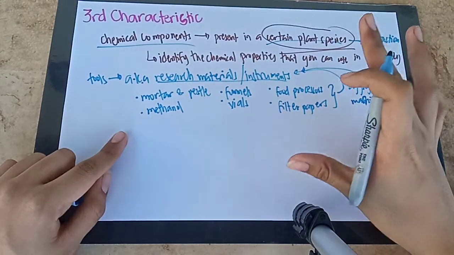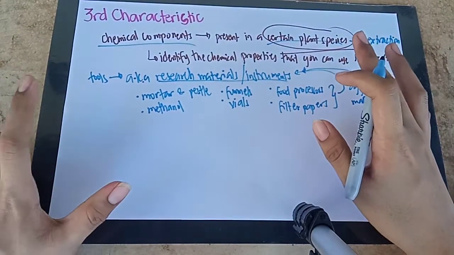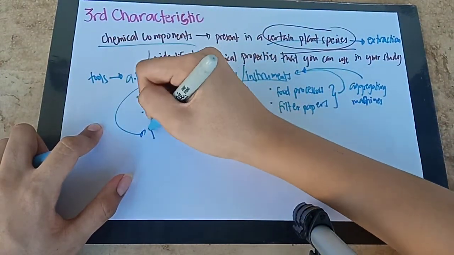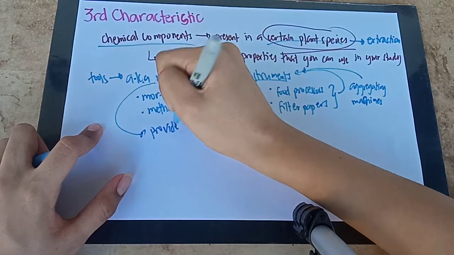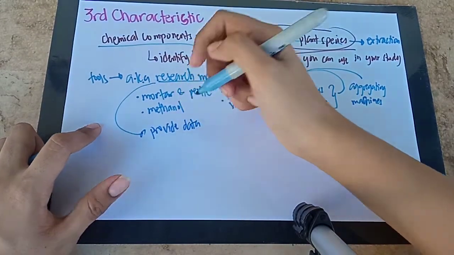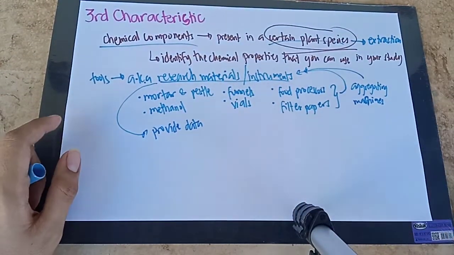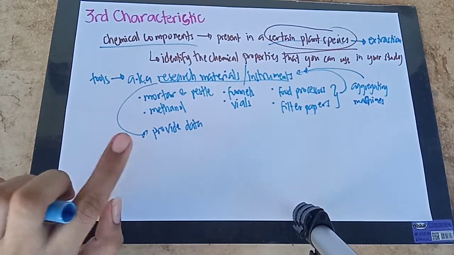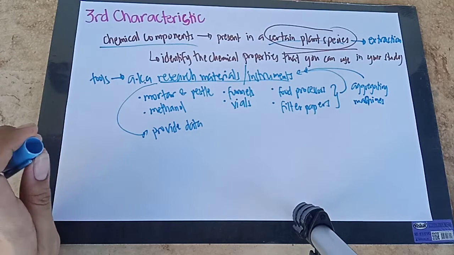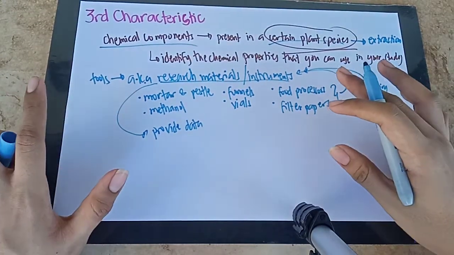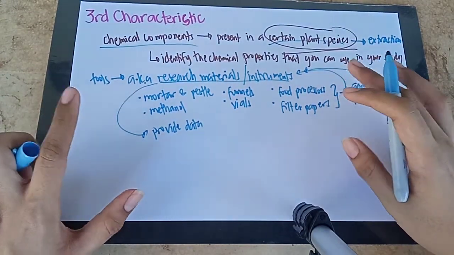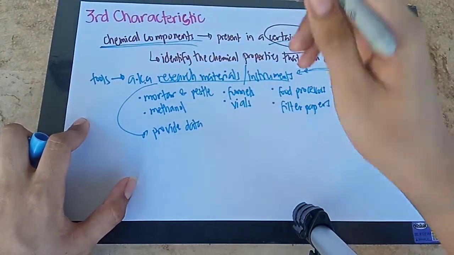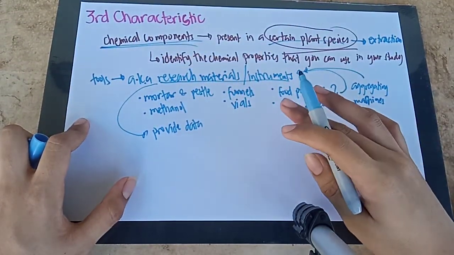These research materials will provide the data you need, in order to identify the different active chemical components in that certain species of plant.